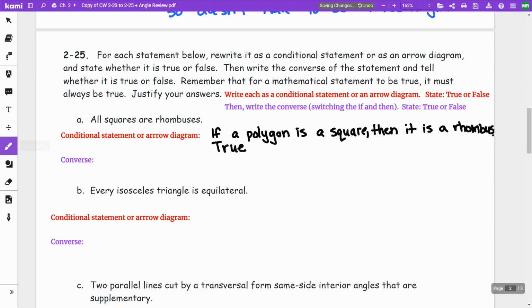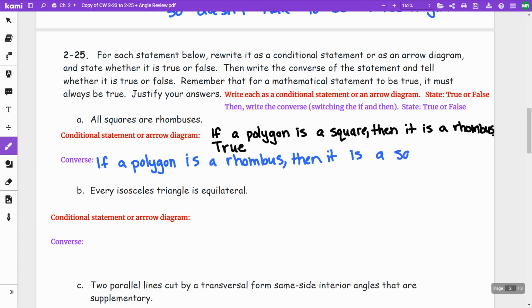Now we're going to do the converse. So if a polygon is a rhombus, then it is a square. So all squares are rhombuses, so the first one I wrote was true.